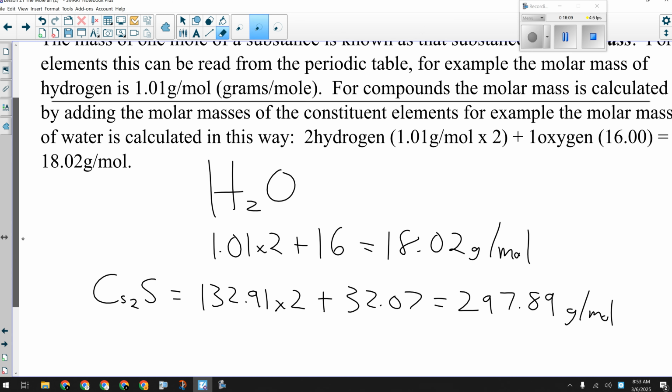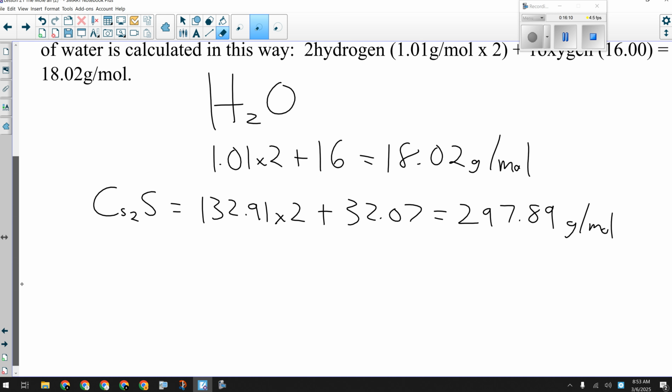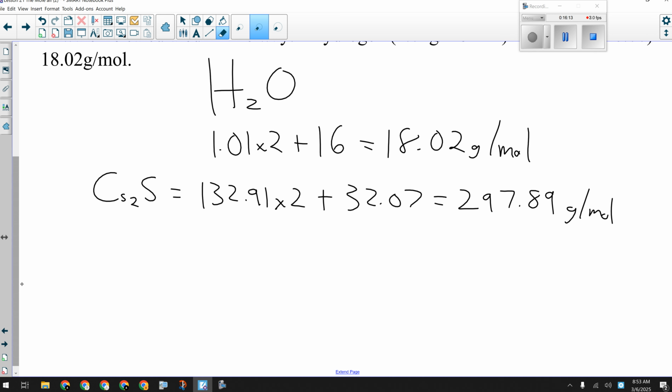Okay, let's try one that's maybe a little trickier. Got to do a little more multiplying once the brackets get involved, right?